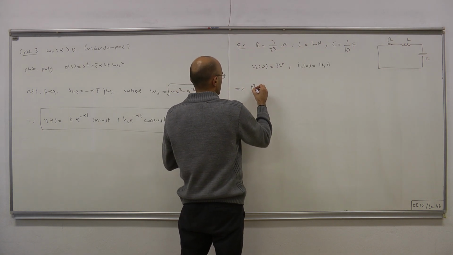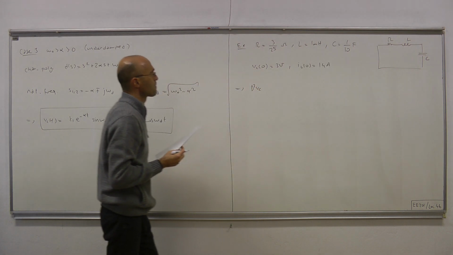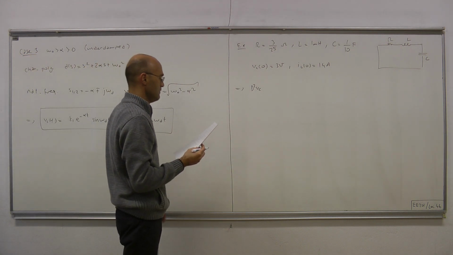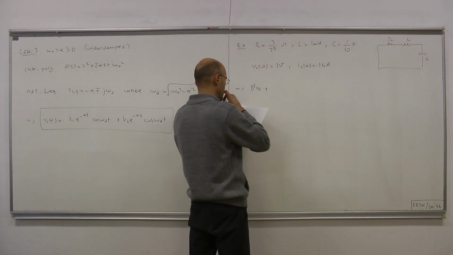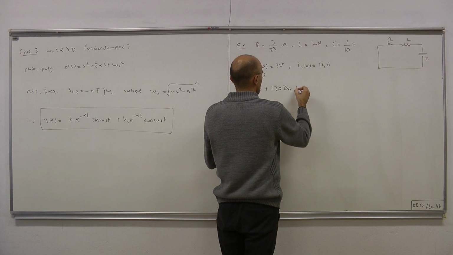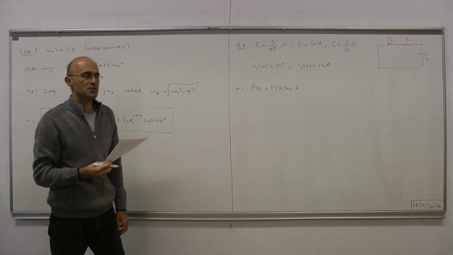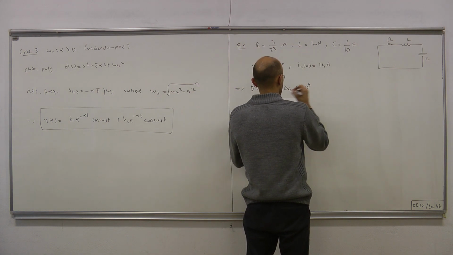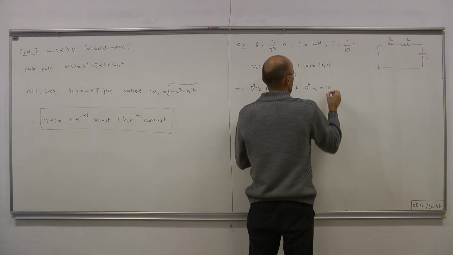Okay, so the differential equation is d squared Vc plus R over L dVc, which makes 120 in this case, plus 1 over LC Vc, which is 10,000, equals 0.